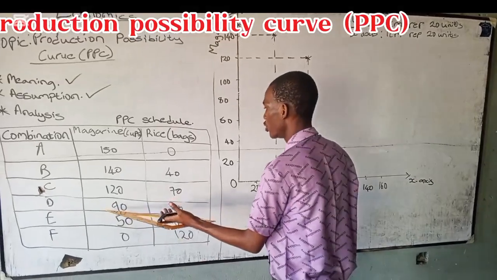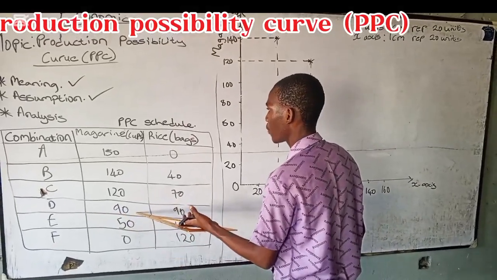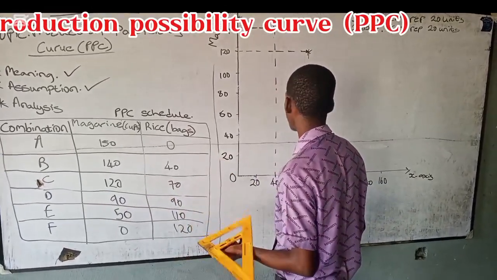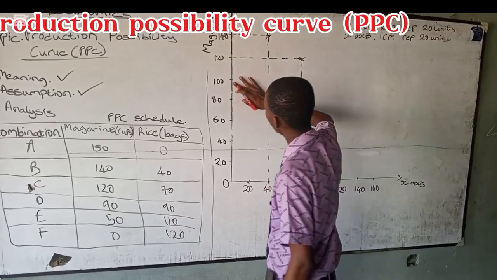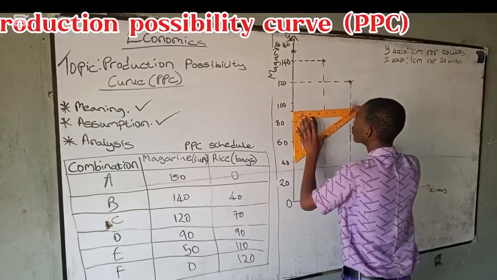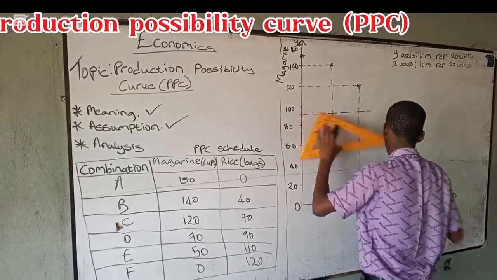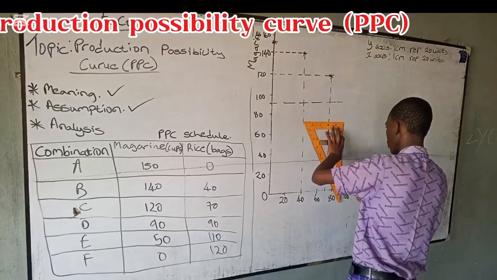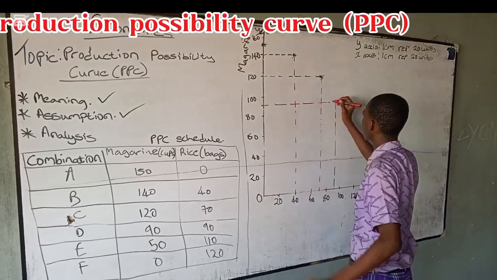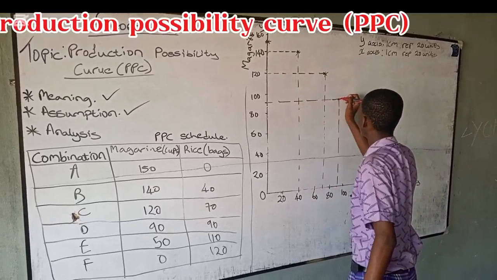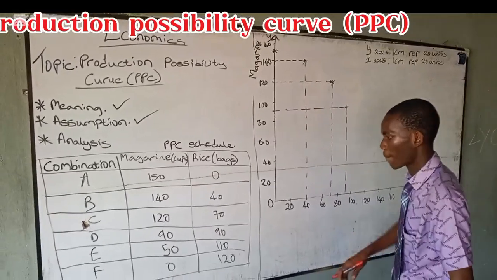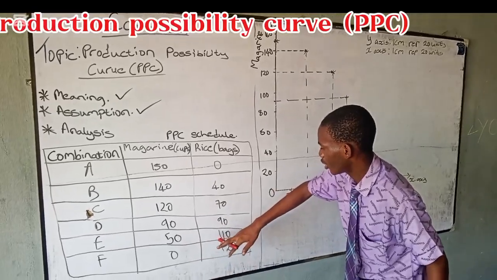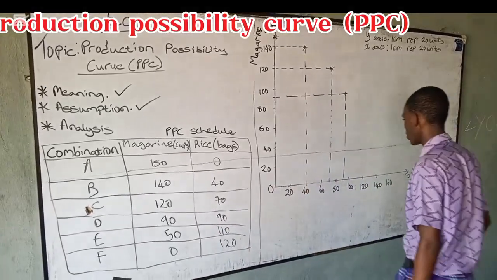Then combination D, 90 cups of margarine was produced and 90 bags of rice. Then combination E, 50 cups of margarine and 110 bags of rice.